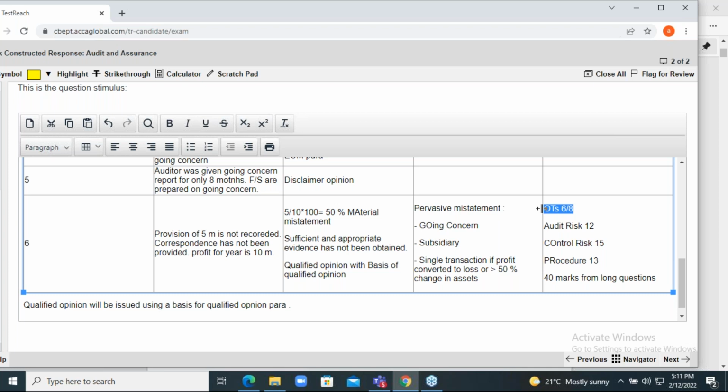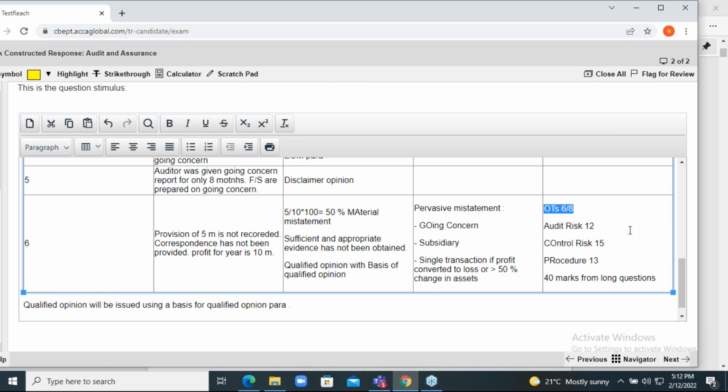So why do students fail in OTs and why are students not able to get good marks? The first reason is that for the last 3 years, you know that ACCA does not disclose the OTs that are used in the exam for any session.